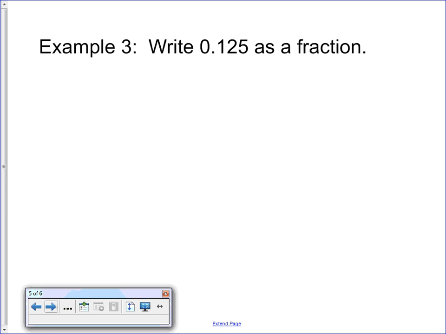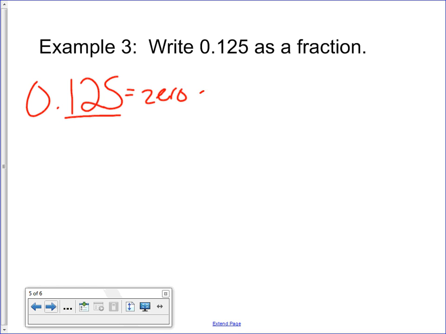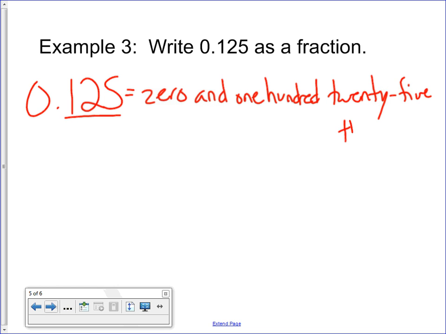The third one that might be a little bit confusing is when you see 3 digits there, when you go to the thousandths place. So we want to take 0.125 and read it mathematically correct. We're going to say all that together as one number, 125. So we can say 0 and 125 thousandths.